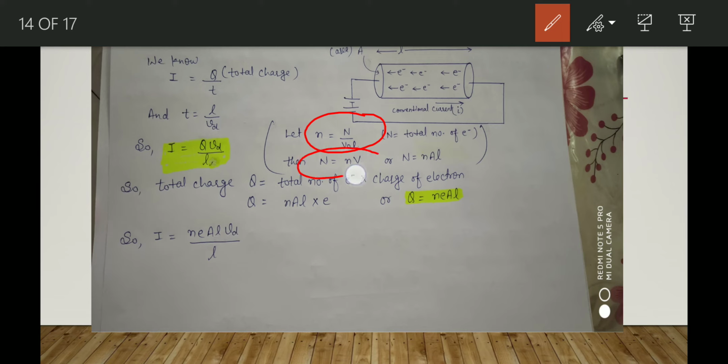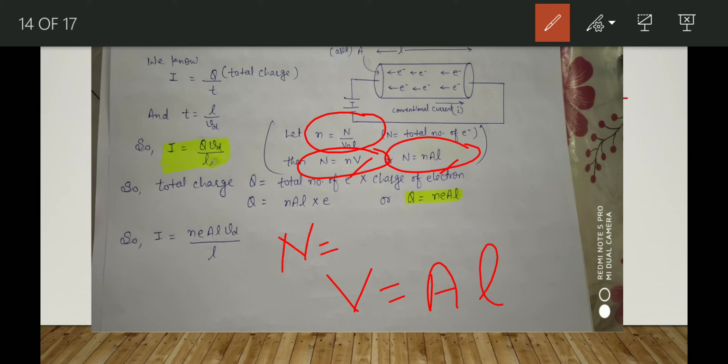So number density n is the total number of electrons N divided by volume, and we can write the total number of electrons N is equal to the number density into volume, and also the total number of electrons in the conductor is N equal to nAL, because we have replaced volume V with AL. So what is nAL? nAL is the total number of electrons present in the conductor.